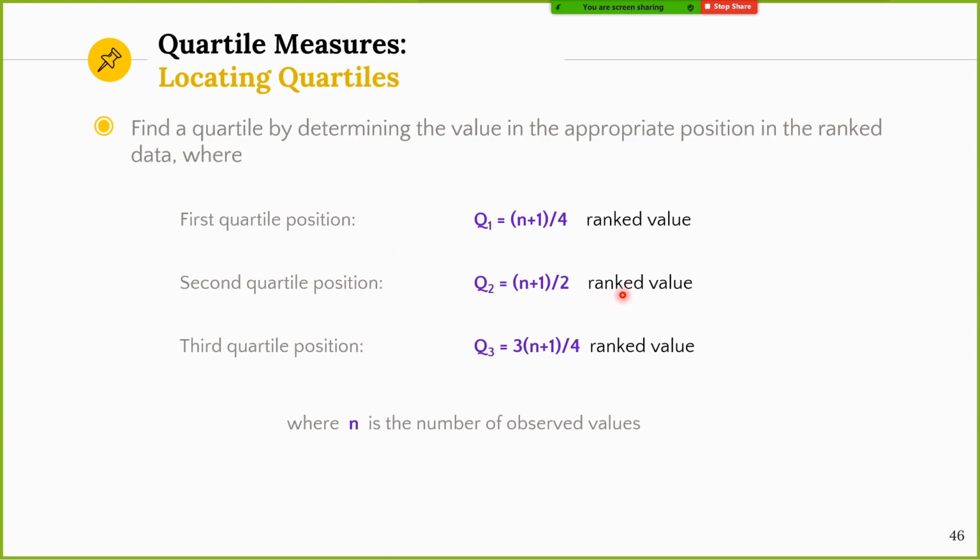As you know, this is the formula for the median, because the second quartile is the median. For the first quartile, the position is n plus 1 divided by 4. And for the third quartile, the position is 3 multiplied by n plus 1 divided by 4, where n is the number of observed values. Okay.